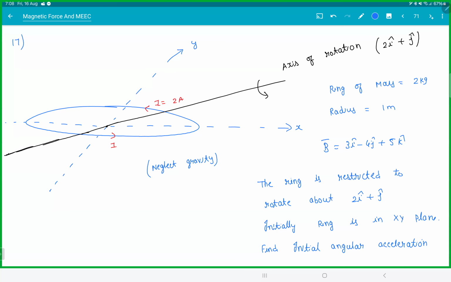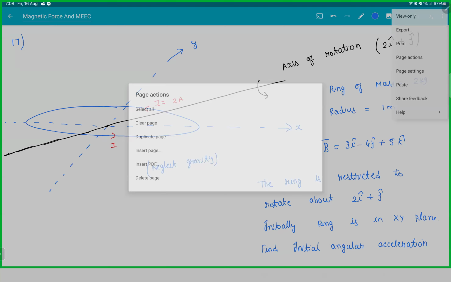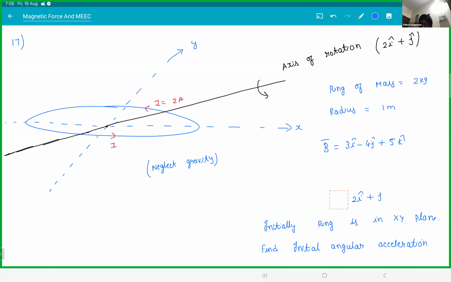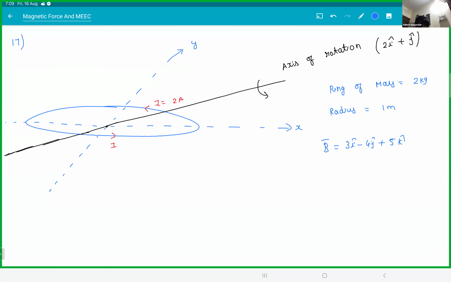Let's see. By taking the torque, do we have to take the magnitude in the equation, or do we have to take along with the i cap, j caps, whatever is coming in mu and B? So what do you think?